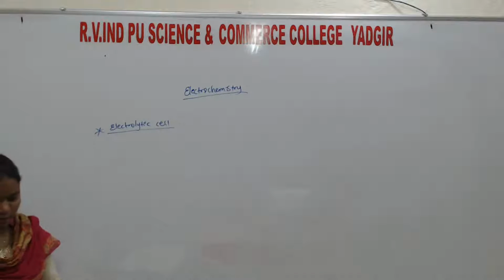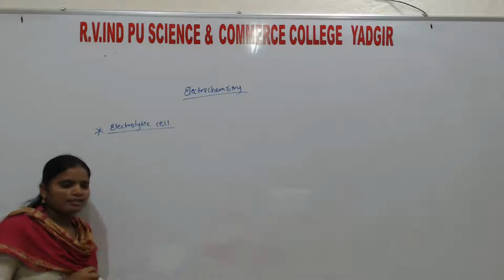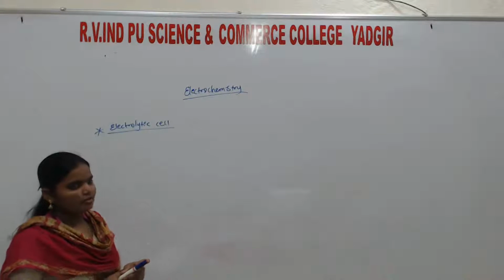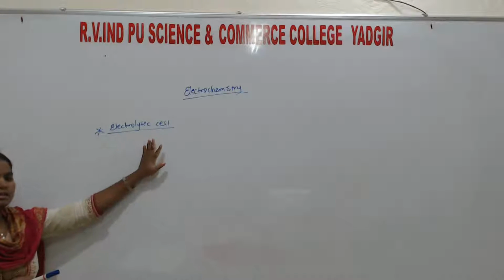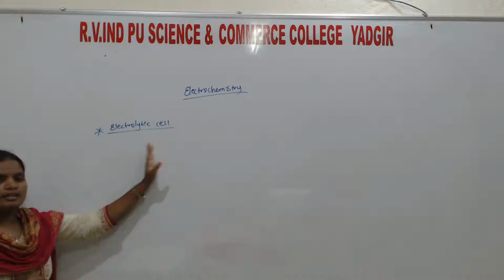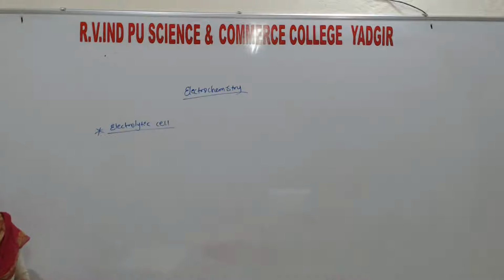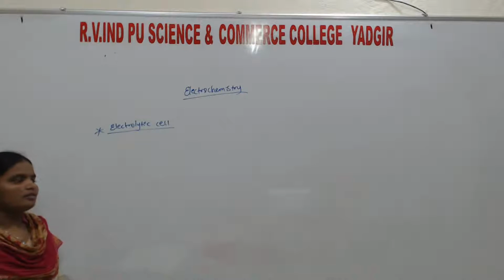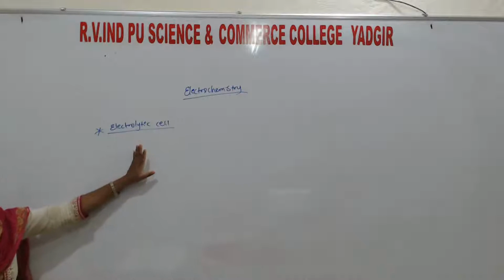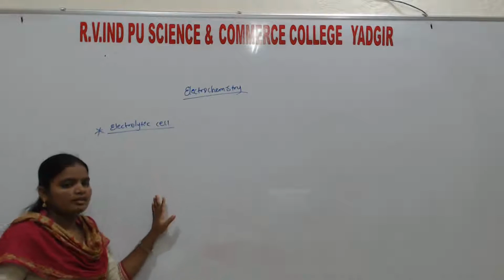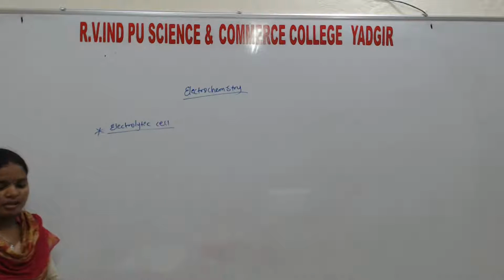An electrochemical cell is a conversion of chemical energy into electrical energy. Here the electrolytic cell is the conversion of electrical energy into chemical energy. That is known as an electrolytic cell.